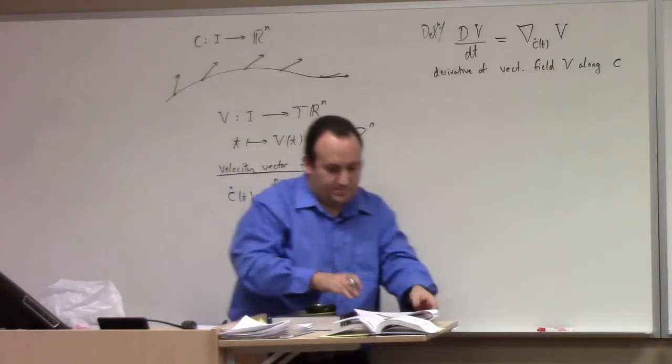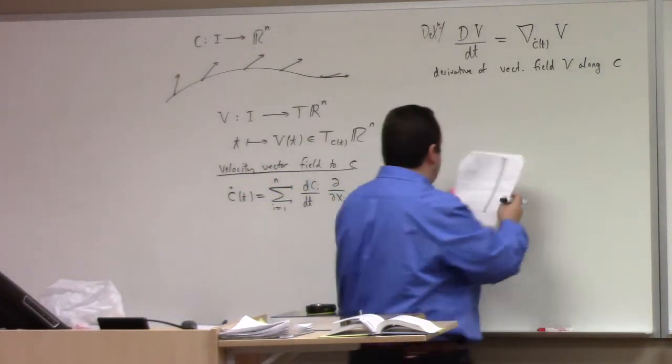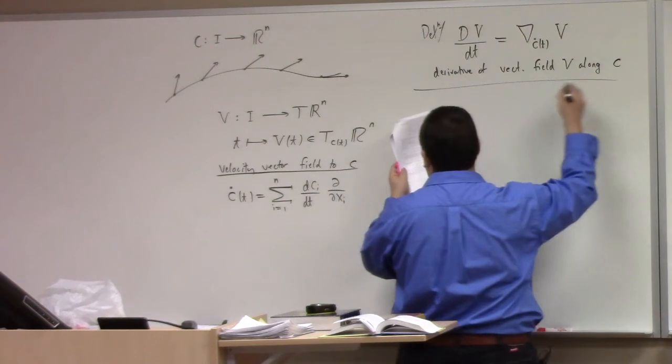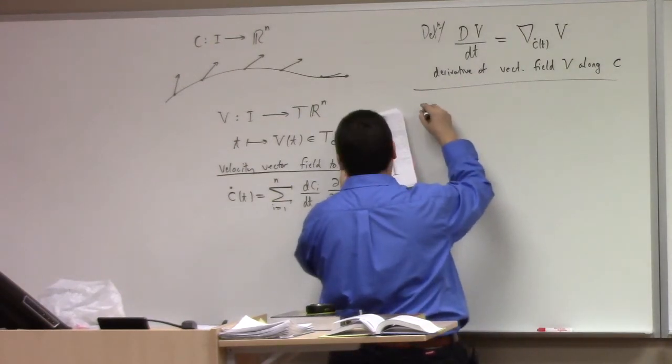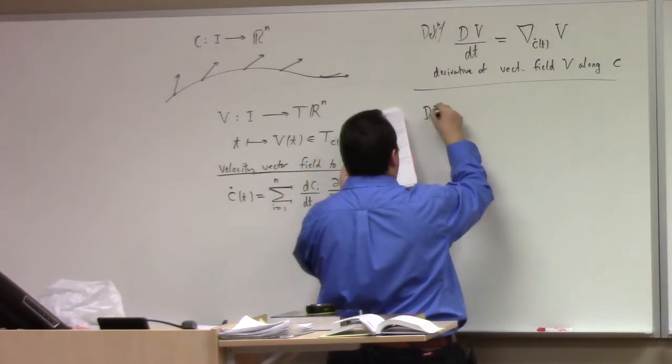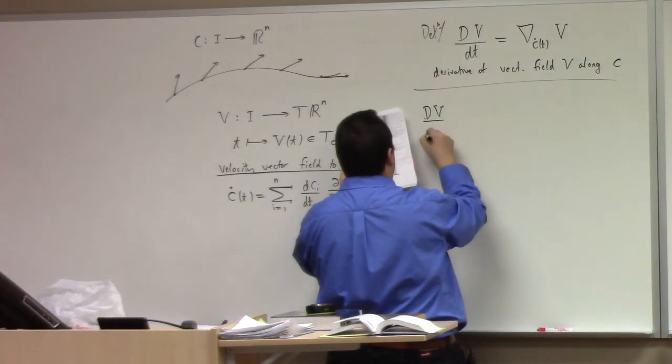Let me just uglify things here momentarily. He thinks it's worthwhile to write the formula here, and I think he's probably right. So what this actually means in coordinates is as follows.